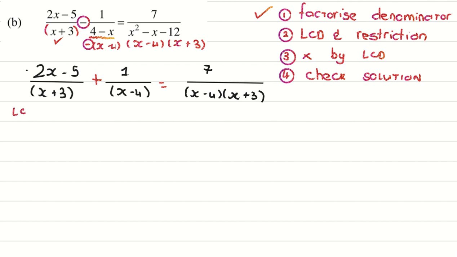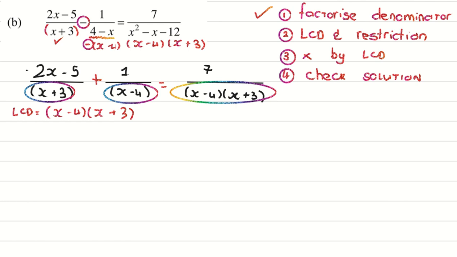So our LCD is going to have to include this guy, and this one as well, okay? And the only value that includes all three would be x minus 4 and x plus 3, right? As long as your LCD accommodates all the denominators, it's the right LCD, right?